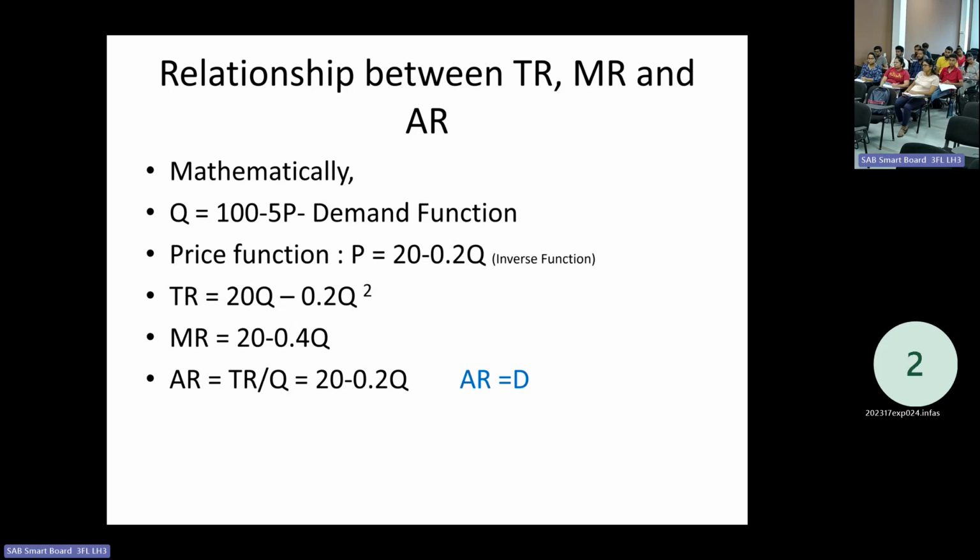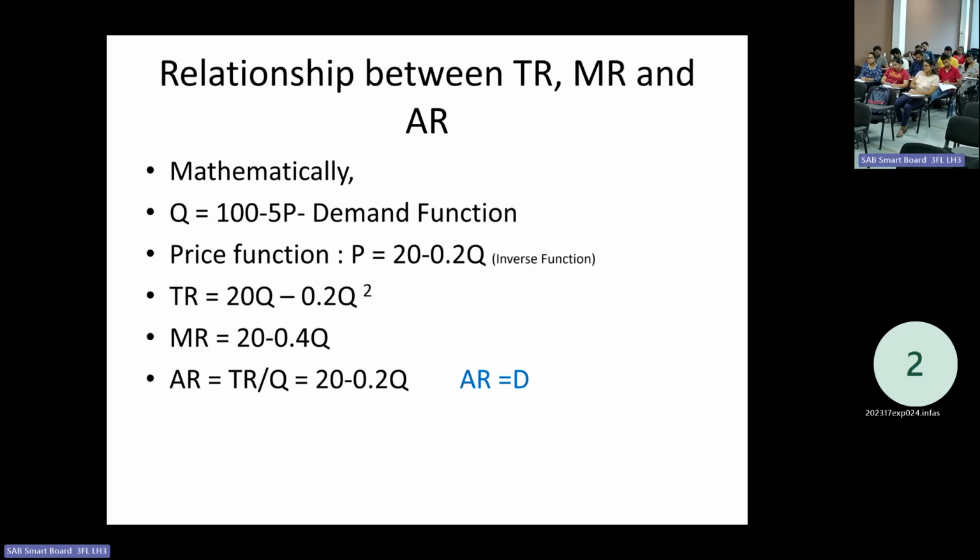Then there is the marginal revenue. In order to get the marginal revenue, we need to differentiate the total revenue function. If you take the first order differentiation, total revenue depends on the output, so you differentiate the total revenue function with respect to output, dTR over dQ. That is the marginal revenue.